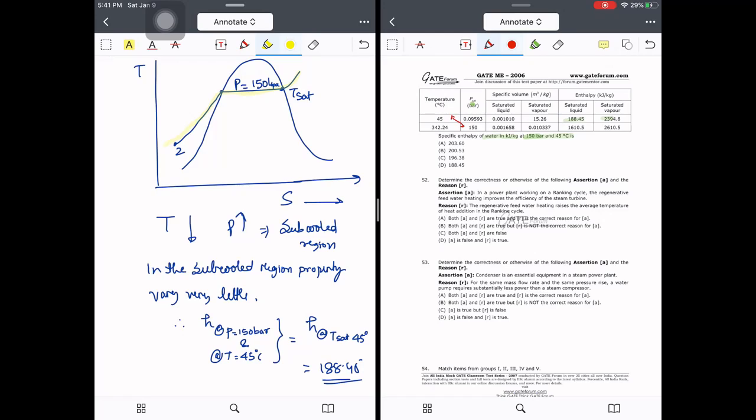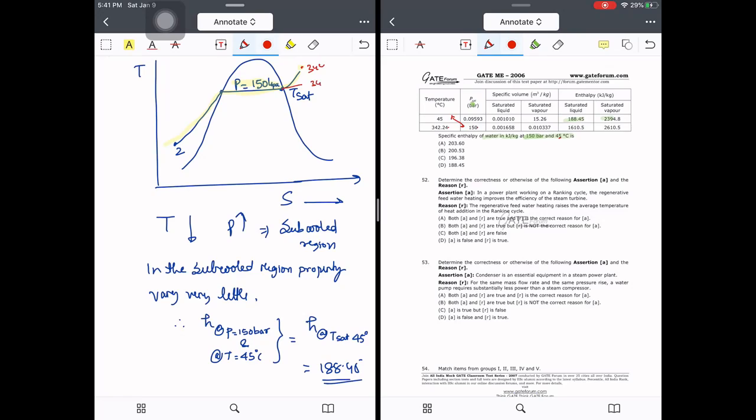Okay, so we will see as we increase the pressure, as we decrease the pressure. Suppose this is our curve. So right now my pressure is 150 bar and it is 45. So what is the saturation temperature at 150 bar?